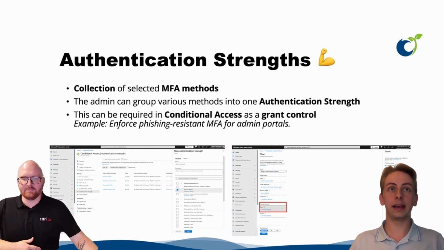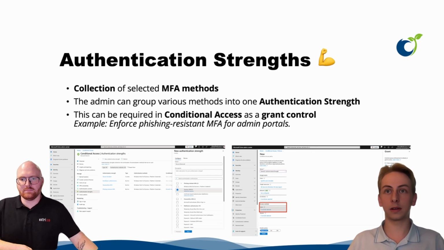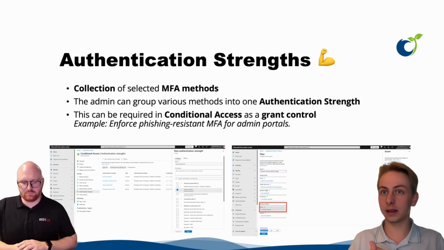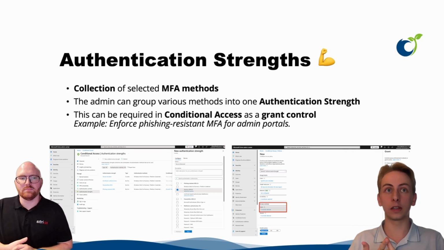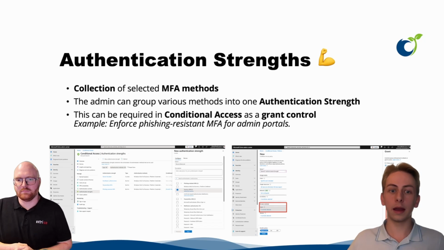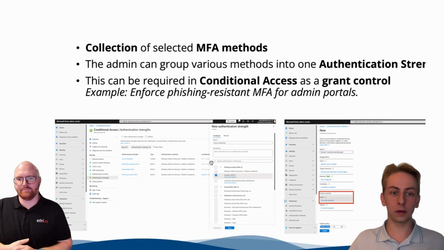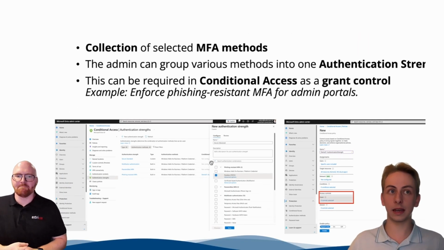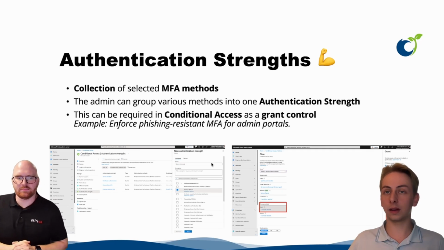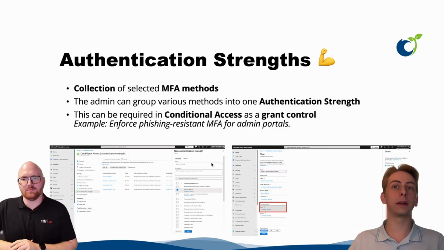These are essentially a collection of selected multi-factor authentication methods in your tenant, for example, passwordless methods or phishing-resistant MFA for certain things. So as you go along, you can configure those authentication strengths in your tenant and then use it in a conditional access policy to be enforced.